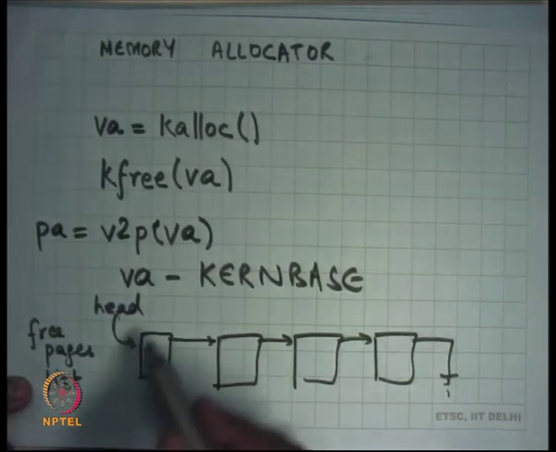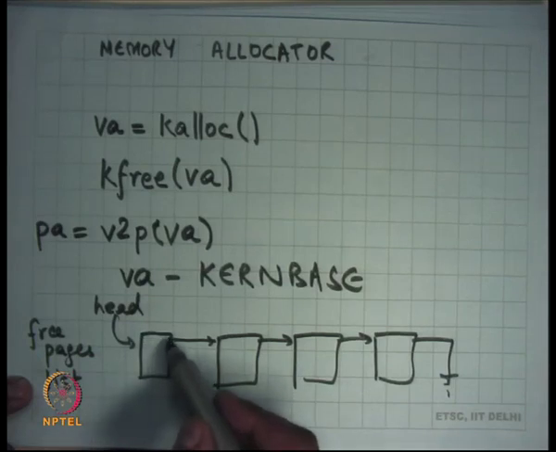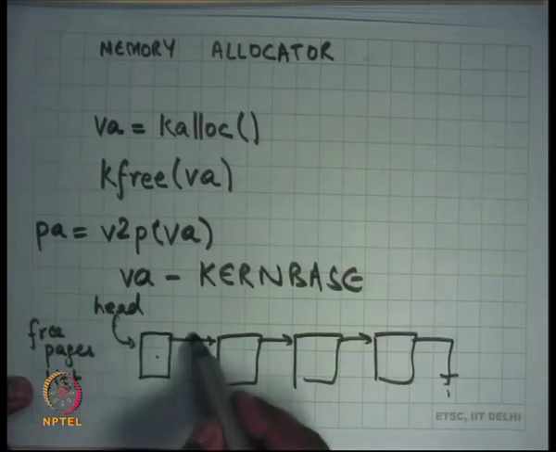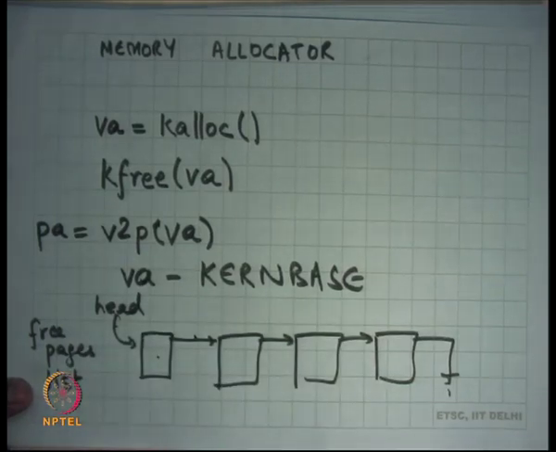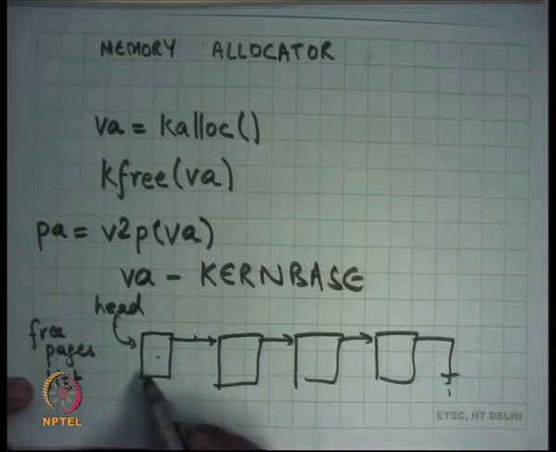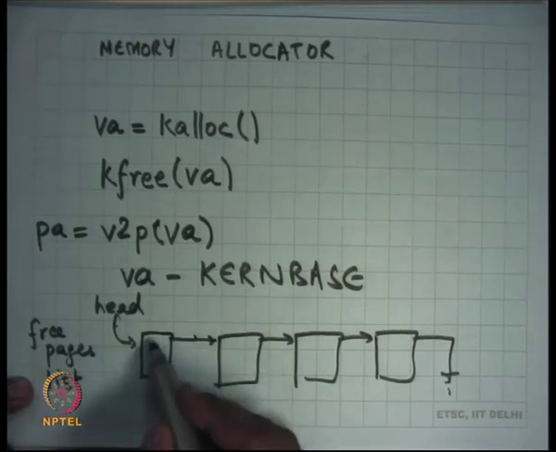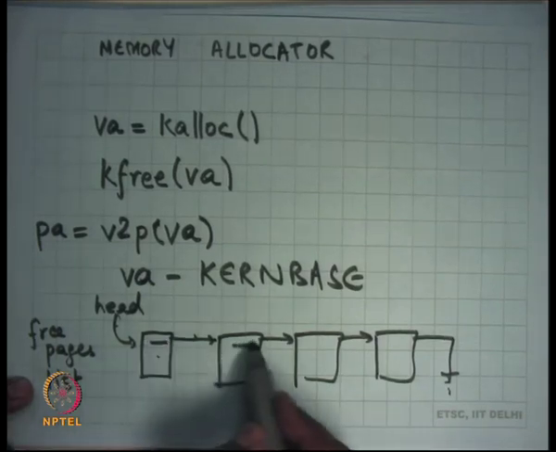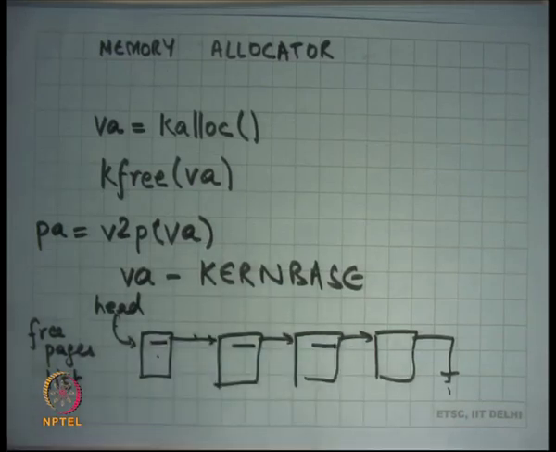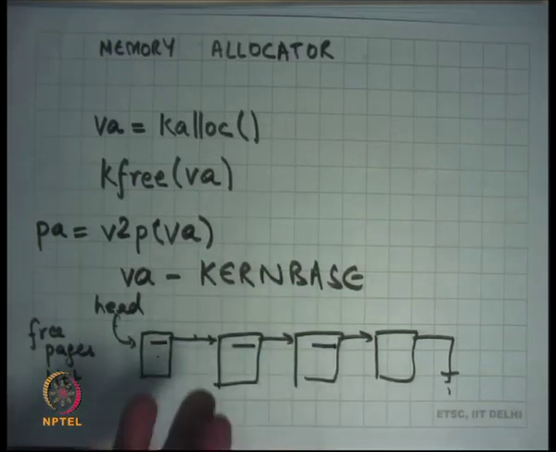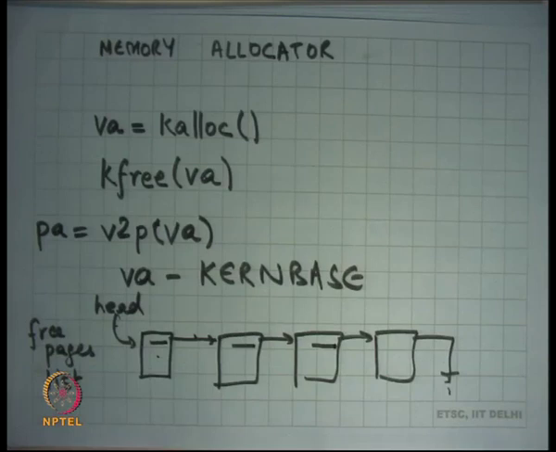When you say alloc, it just takes the first entry from here, updates head to the next pointer, and returns that address. And when you say free, it just adds it to here. Also notice that the next pointer itself is stored within the pages themselves. You don't need extra space to store the next pointer because these pages are not getting used anyway, so you can just use the space within them to store the next pointer itself.